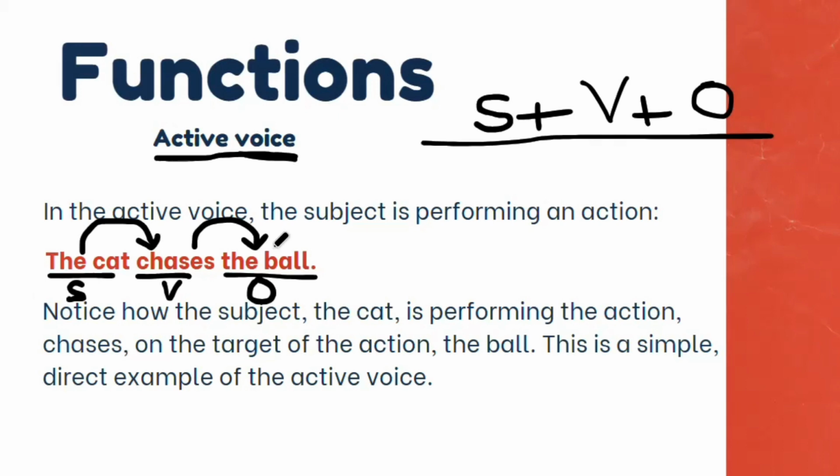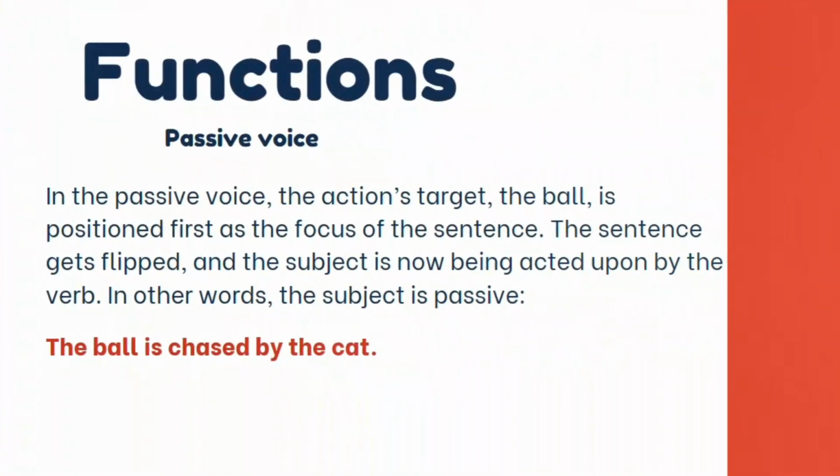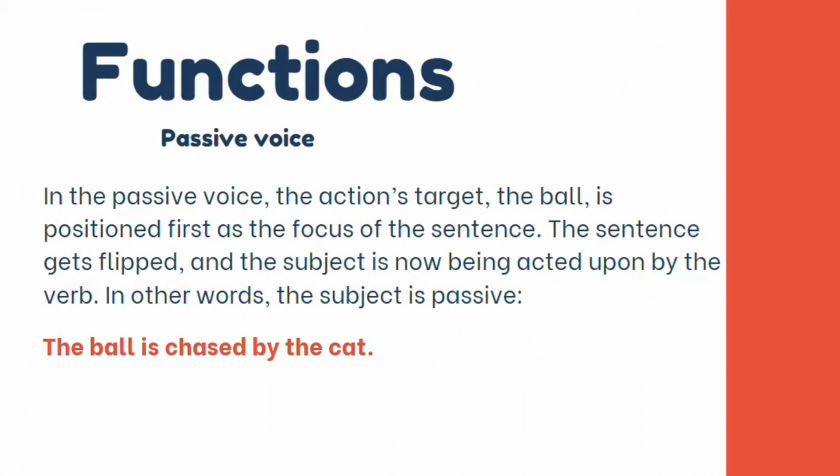That's chasing. Okay? So we use active voice sentences or active voice structure when we want to talk about our subject and what it is doing. On the other hand, in passive voice sentences, we just flip the sentence. Now the subject is no more the doer of the action.